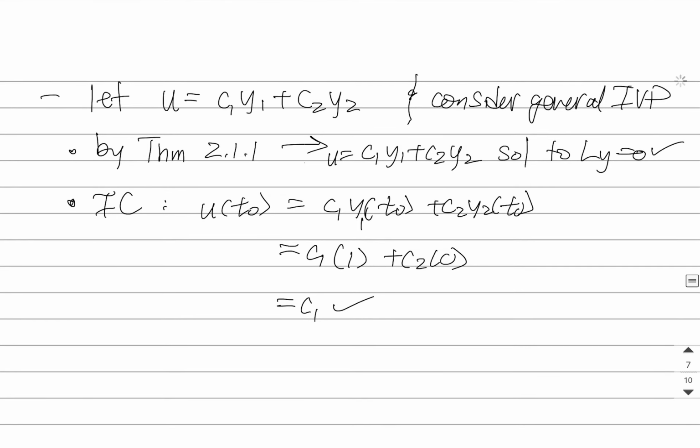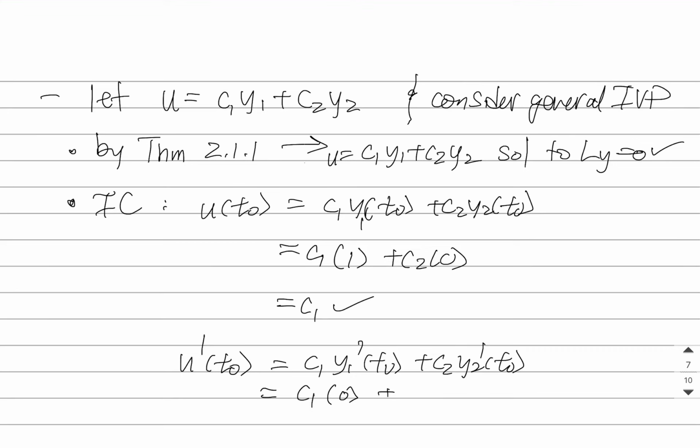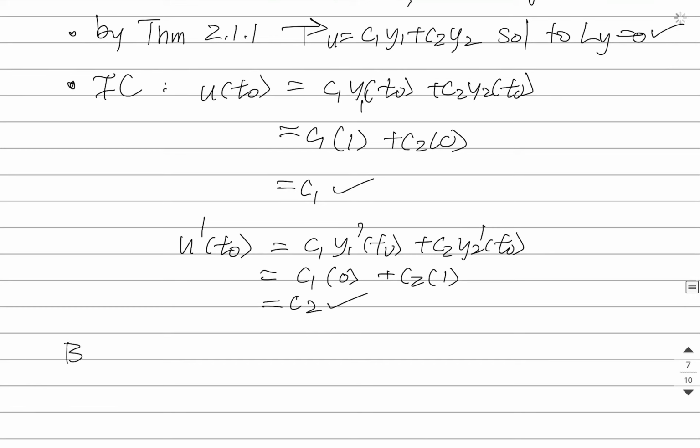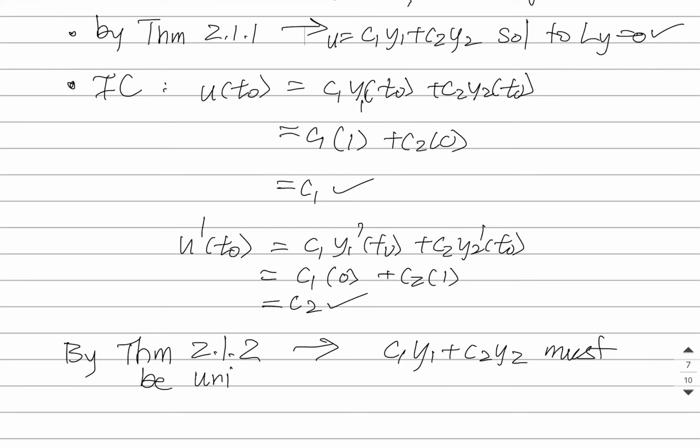And then if I were to talk about the derivative of this, C1y1 prime at t naught plus C2y2 prime at t naught, if I were to plug in the initial conditions for each of those things, I will get C2. So, by the existence and uniqueness theorem, that means that C1y1 plus C2y2 must be the unique solution to this initial value problem.